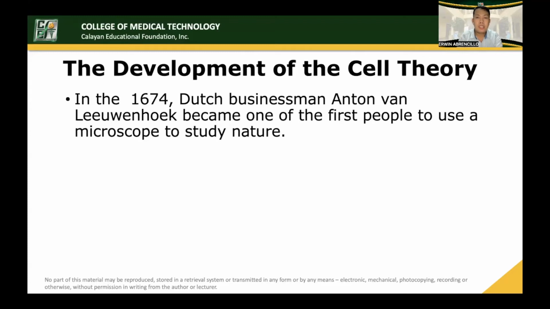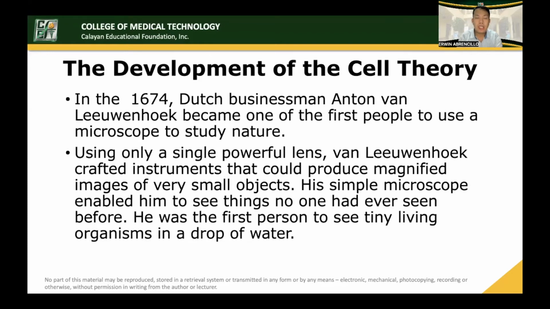Meanwhile, in 1674, a Dutch businessman, Anton van Leeuwenhoek, became one of the first people to use a microscope to study nature. Using only a single powerful lens, Van Leeuwenhoek crafted instruments that could produce magnified images of very small objects. His simple microscope enabled him to see things no one had ever seen before. He was the first person to see tiny living organisms in a drop of water.